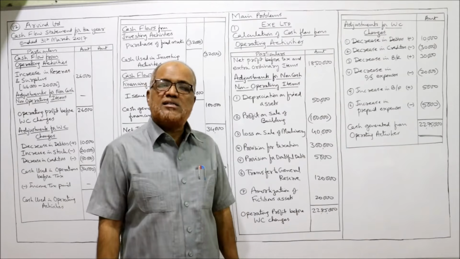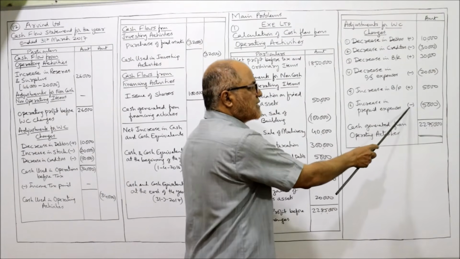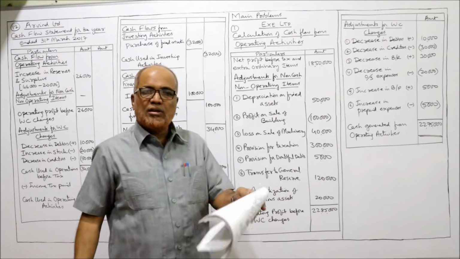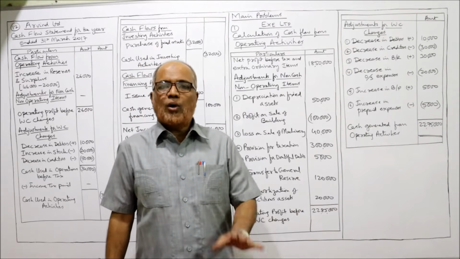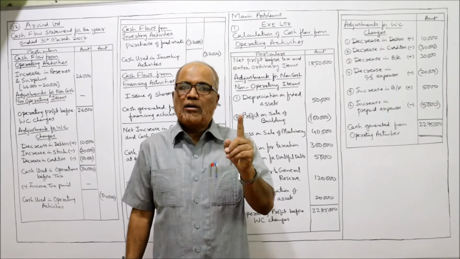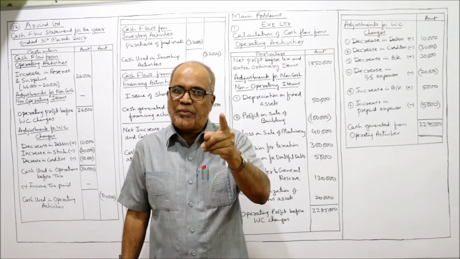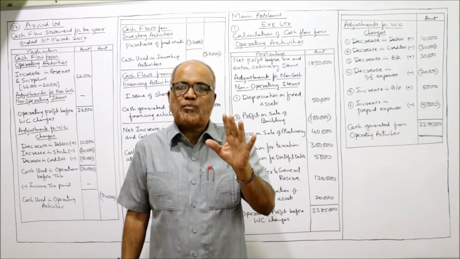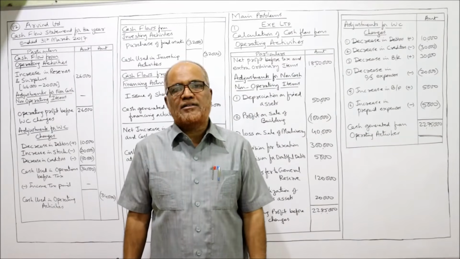Increase in prepaid expense, deduct, minus 5,000. That's all, all the items given in the problem. The only thing you have to remember is the rule: increase in current liability and decrease in current asset should be added. The opposite will be deducted.